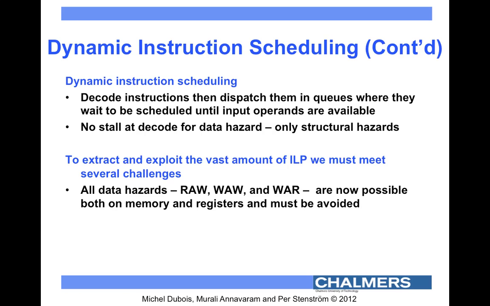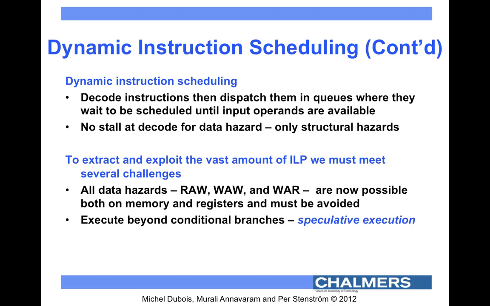For example, if you have two memory instructions, one store followed by a load, and the store modifies data at the same address as the load will load from, then of course the data that was written must be reflected by the subsequent load instruction. So these things we have to take care of.